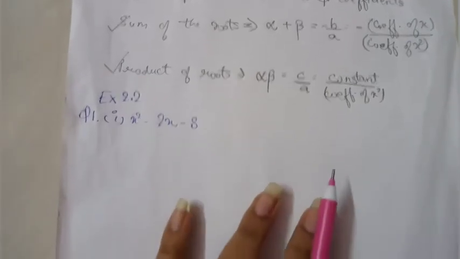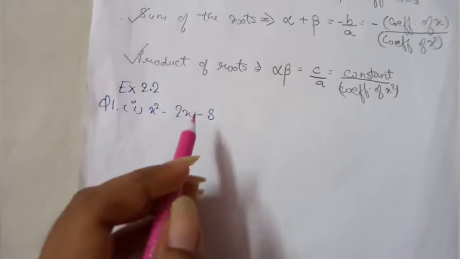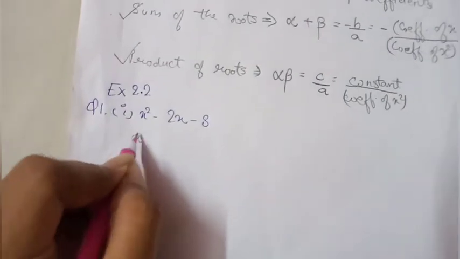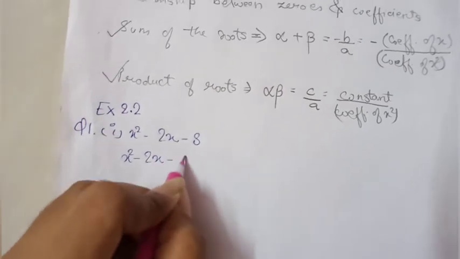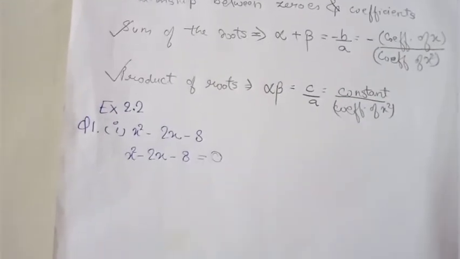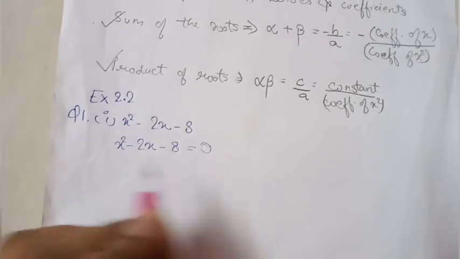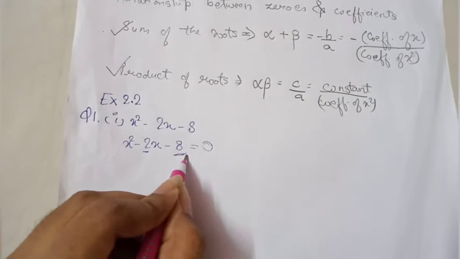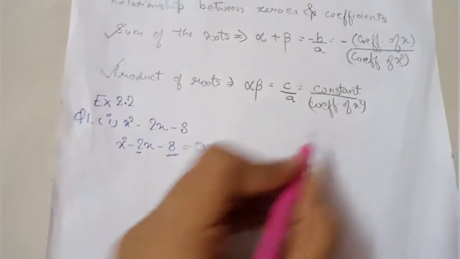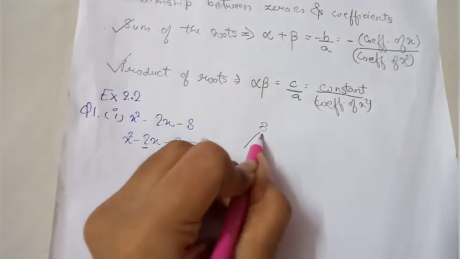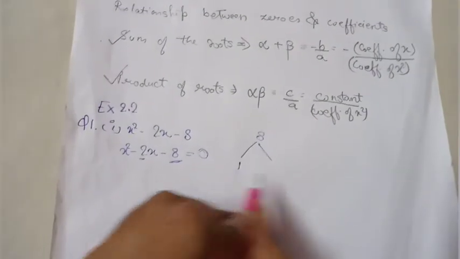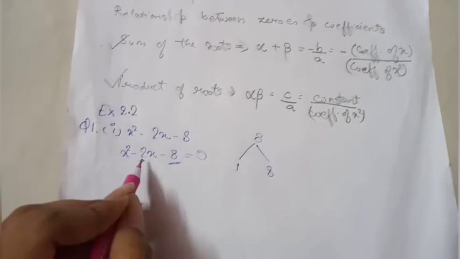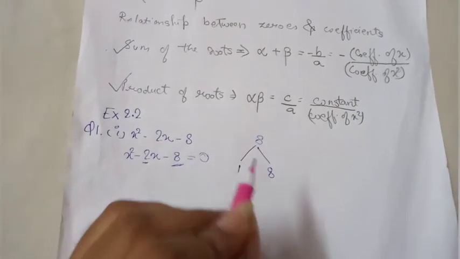First we need to find two values of x, meaning two zeros of this polynomial. So the first step will be to equate it to 0. Then the second step is to break 8 into two factors which will give us 2. So let's do it. 1 into 8 is one factor pair, but adding or subtracting neither of them gives us 2, so we'll discard it.